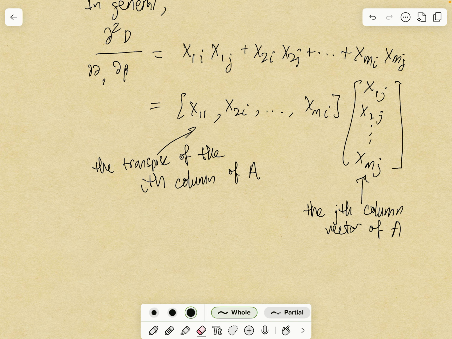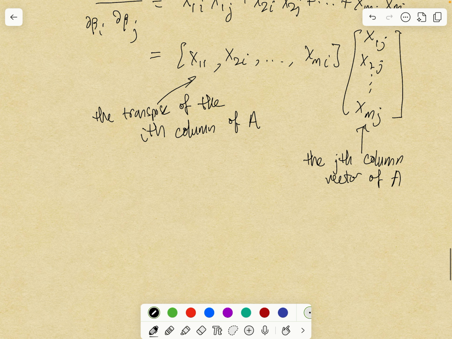This entry is the transpose of the ith column of A times the jth column vector of A. Well, that is just the ij entry of A transpose A, because when I take A transpose A, the ith row of A transpose is the ith column of A. Right?